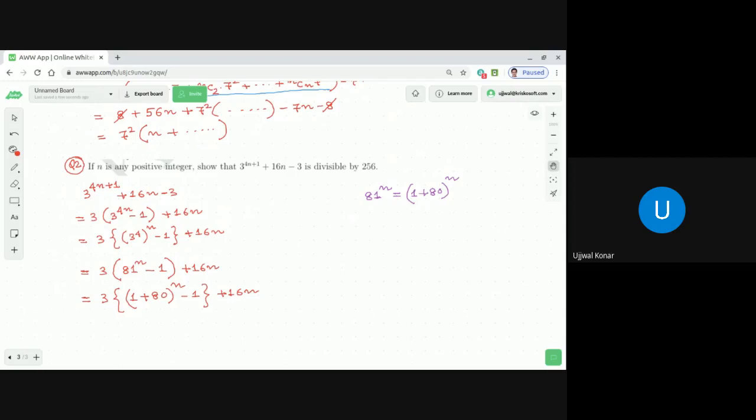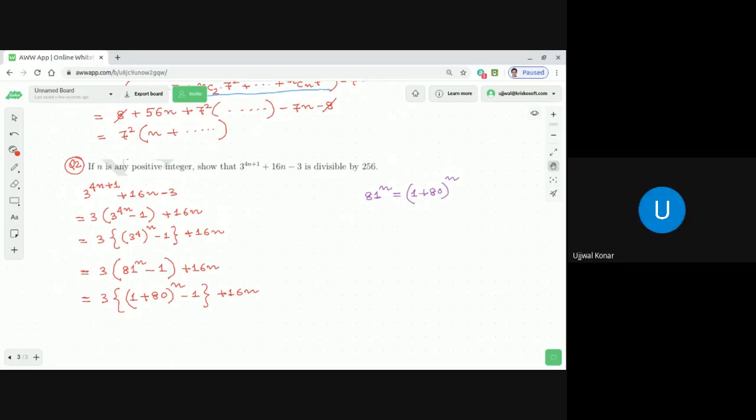Because 256 is coming from the background. So how do we approach this problem? Think about it: if this same problem had been given to you yesterday, before today's class, you may have wondered how to proceed. But today you get confidence, right?